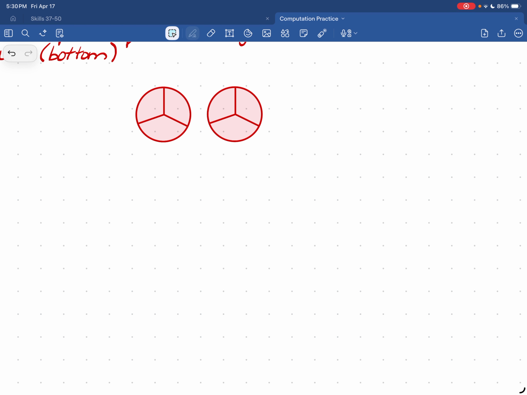The example in the book shows that the first circle is completely shaded, just like we did a minute ago. And we said that this was 3/3. The circle has 3 parts. All of them are blue. So this is 3/3 shaded. And then they moved into the second circle and did 2 of them.